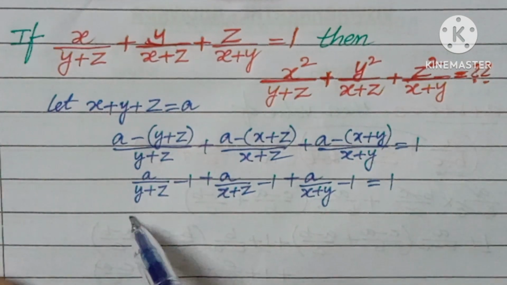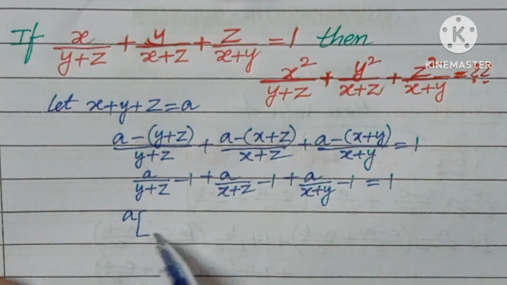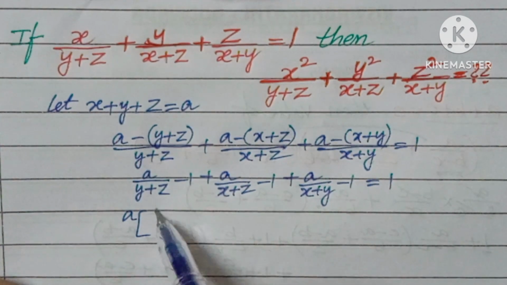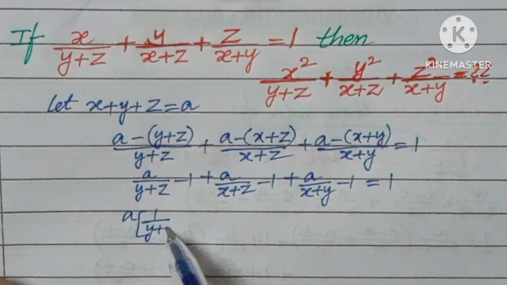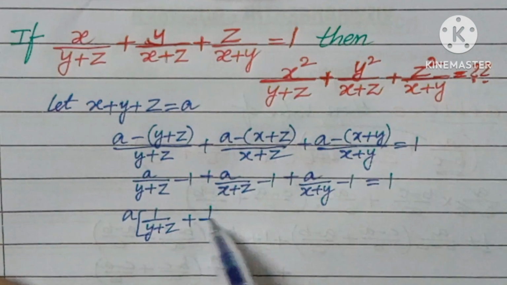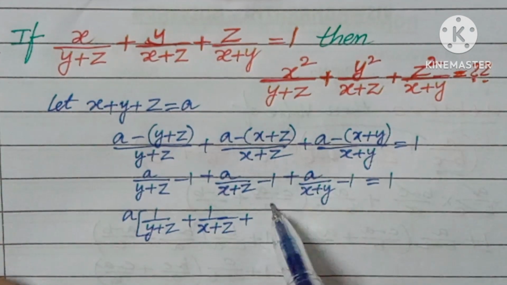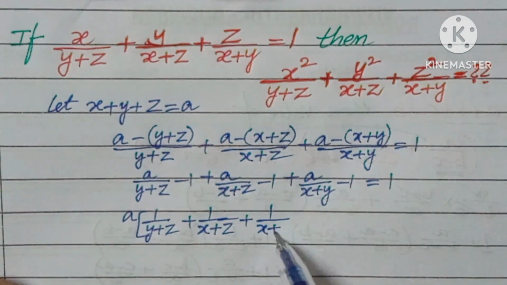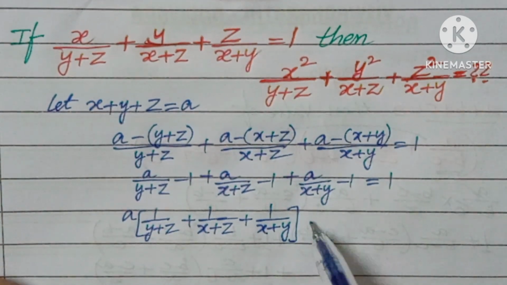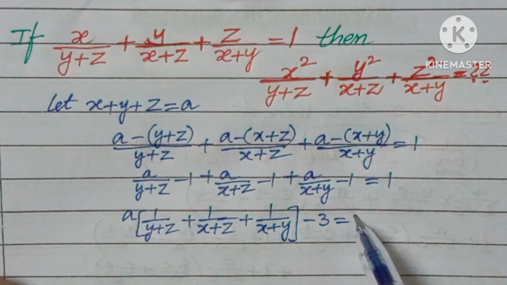Now here, if you take a common: a times (1 by y plus z, plus 1 by x plus z, plus 1 by x plus y, minus 3) is equal to 1.